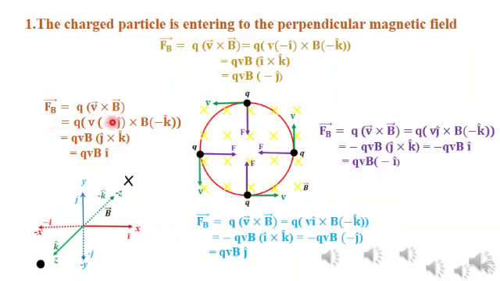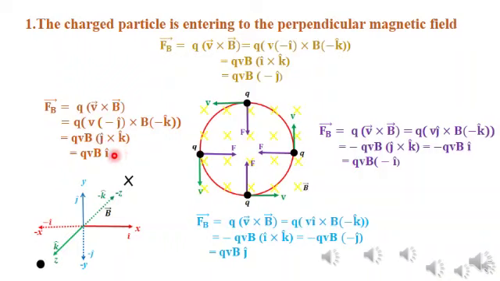After cancelling the minus signs and taking the magnitudes out, the expression of the force becomes qvB into j cross k. Since j cross k is i, the expression of the force becomes qvB into i cap.